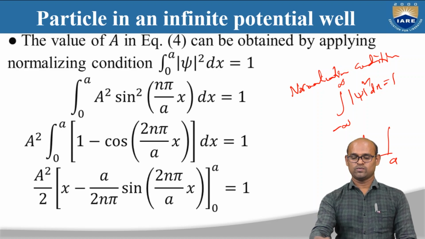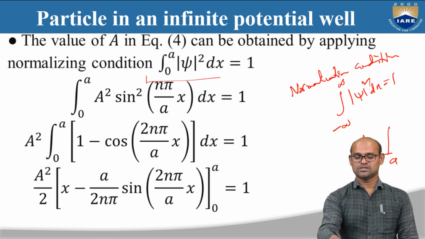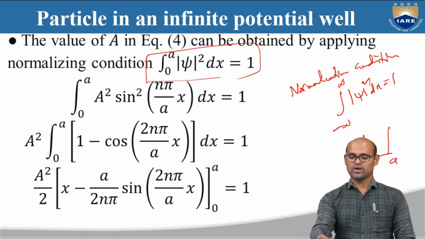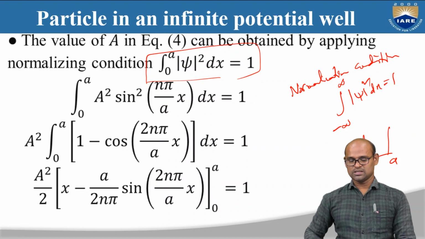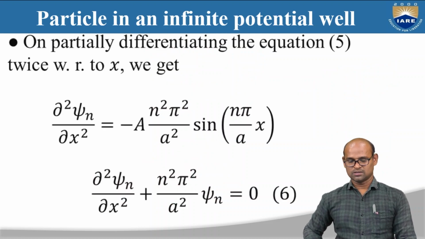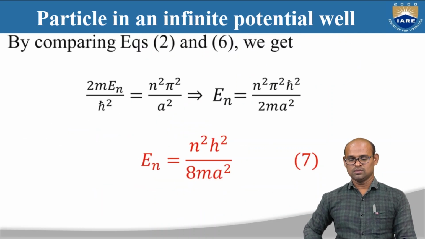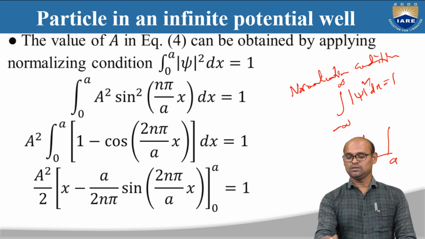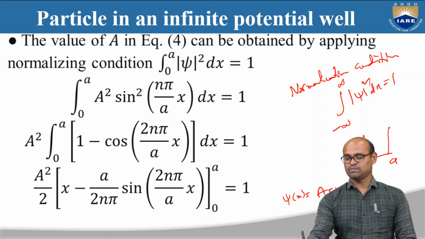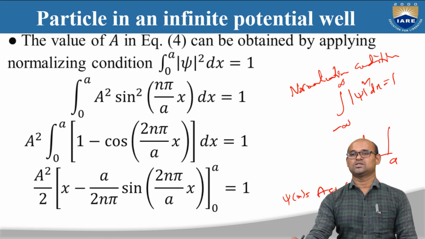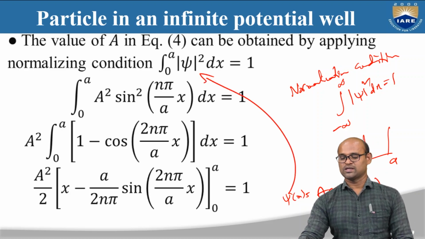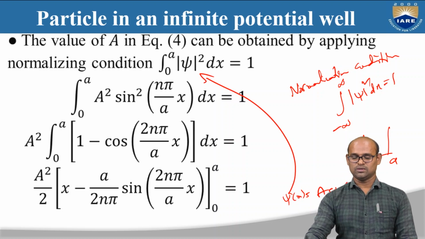So we take the normalization condition as the integral from 0 to a of |ψ|² dx equal to 1. We substitute ψ, which we have already calculated: ψ(x) = A sin(nπx/a). So ψ² is A² sin²(nπx/a) dx, equal to 1.